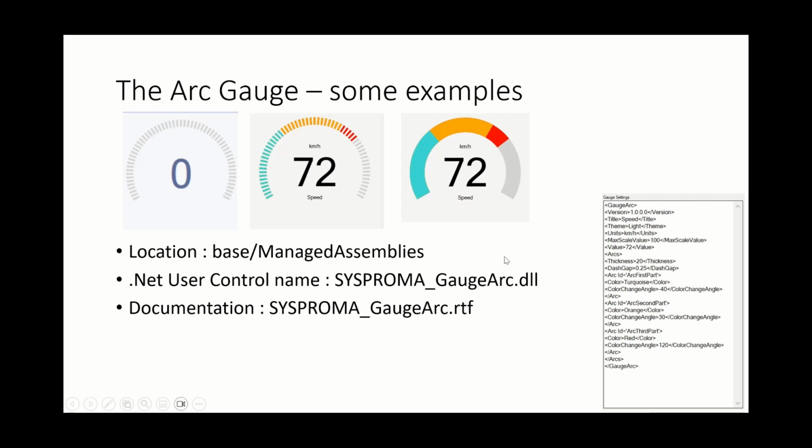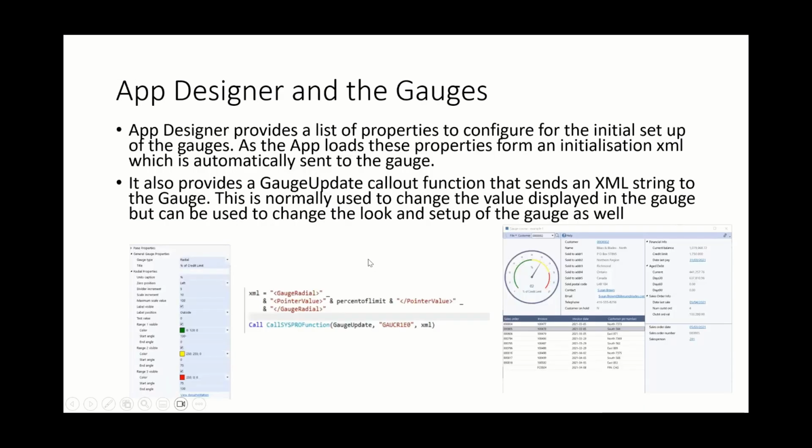So within the App Designer, when we actually add a gauge control to our app, what happens is that it'll ask you what type of gauge you actually want to implement. And once you've selected it, it will display for you the properties, or in effect, the XML that configuration would require for you to configure and set the UI for the gauge as it starts.